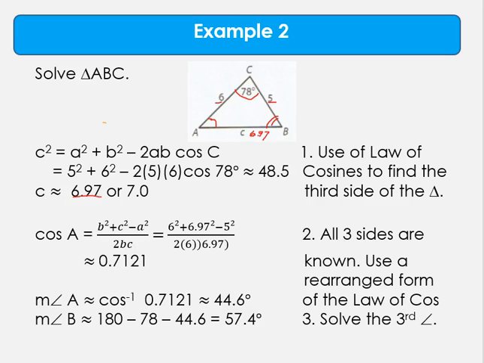And we're going to start with cosine of angle A, and we're going to use this to help solve for our angles. So cosine of angle A is b squared plus c squared minus a squared divided by 2 times b times c.